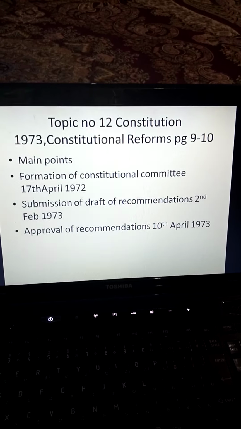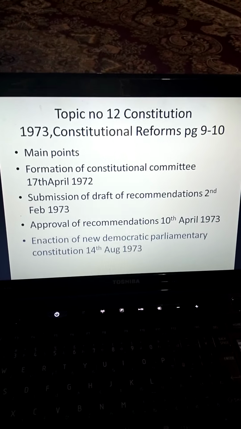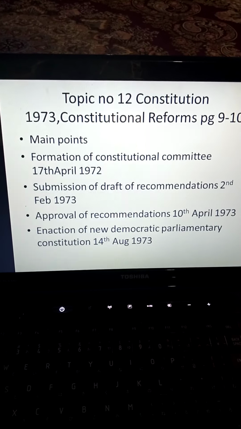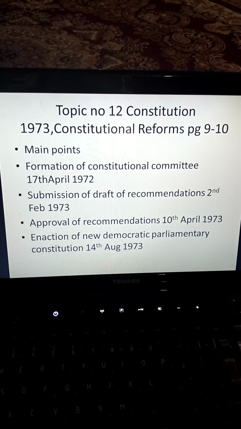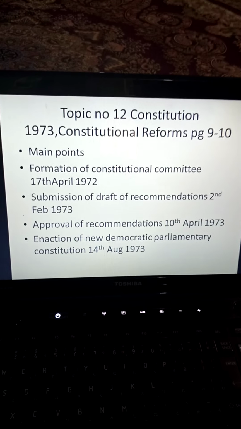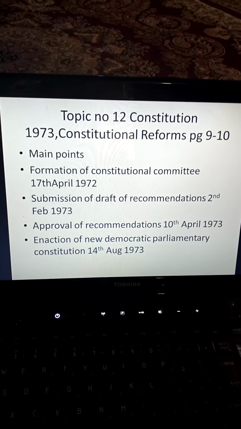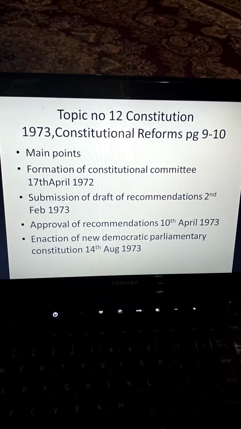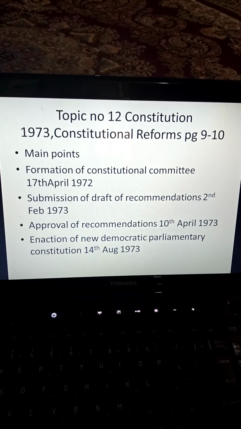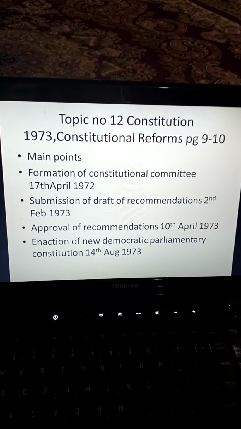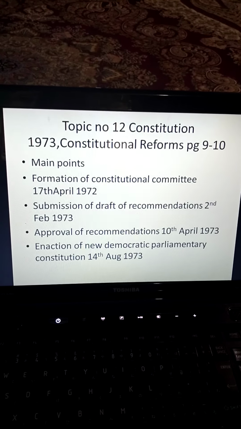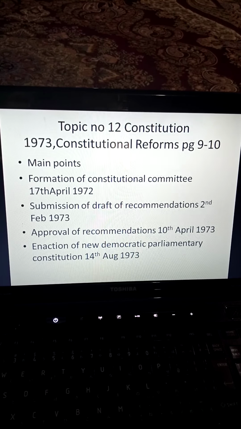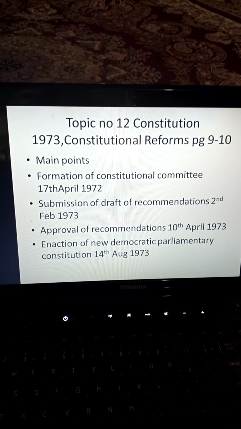April 10th, 1973. Next point is enactment of the new democratic parliamentary constitution on 14th August 1973. So after the approval of the draft recommendation presented by the Constitutional Committee, on 12th April, the new democratic parliamentary constitution was enacted on 14th August 1973.